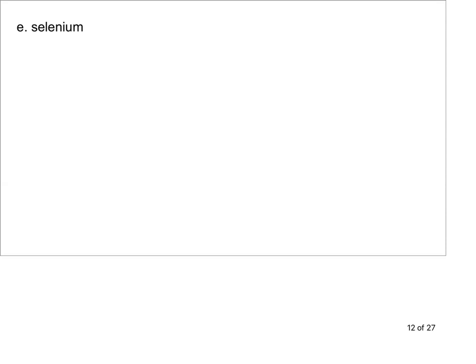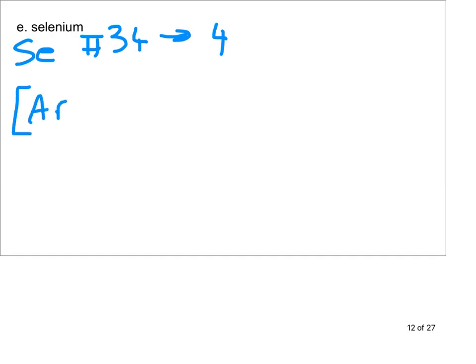Selenium, element number 34, symbol Se. In selenium, we also find ourselves in the fourth energy level. So that means you still start with argon, up and over to the third row, and then we go to the row that our selenium is in, and we find a 4s2.